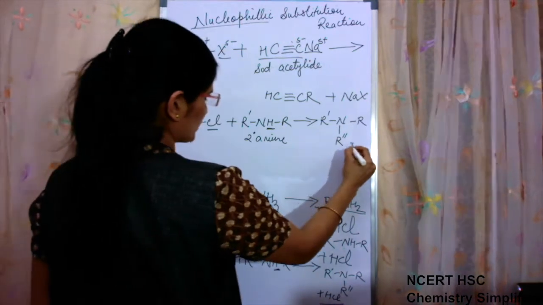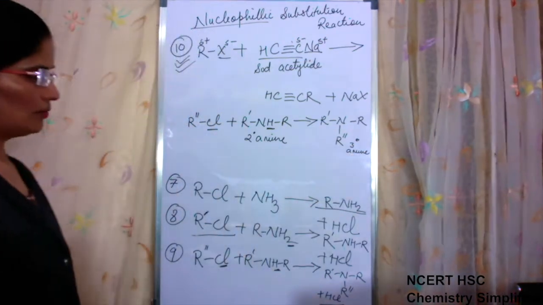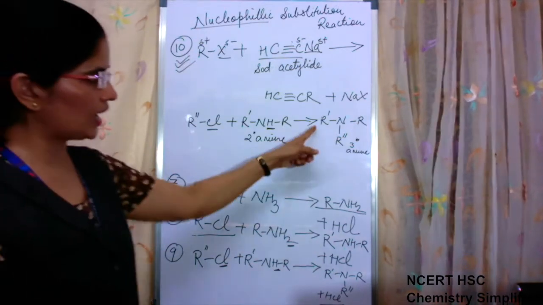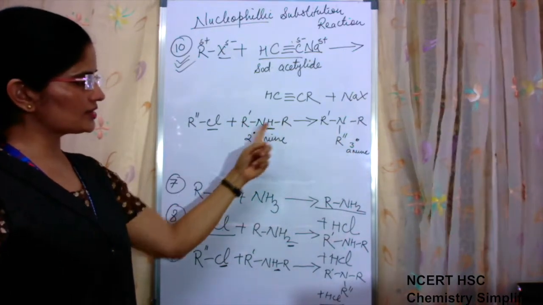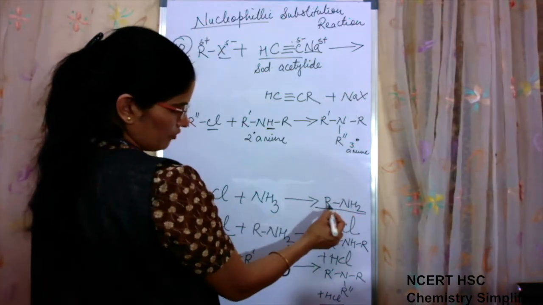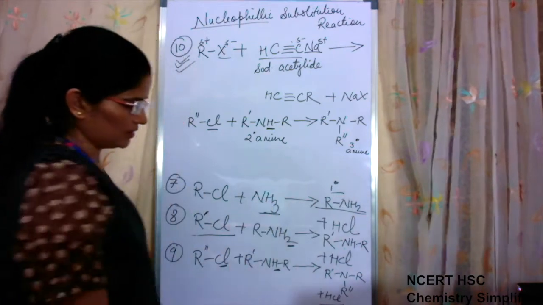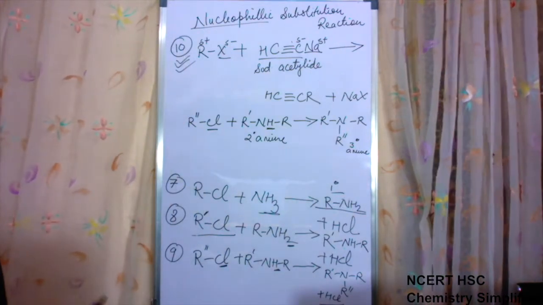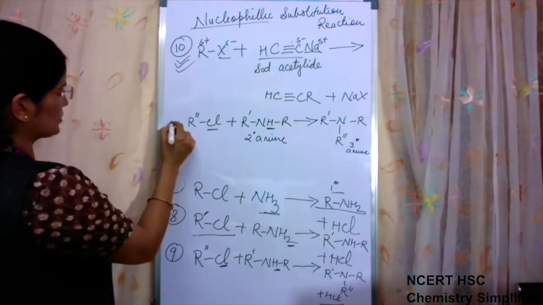So this is now 3 degree amine, because all 3 hydrogens of ammonia have been replaced by alkyl group. So this is 3 degree. Here 2 hydrogens are replaced, so it is 2 degree, and in this case 1 hydrogen of NH3 was replaced. So this is 1 degree amine. This was reaction number 9.